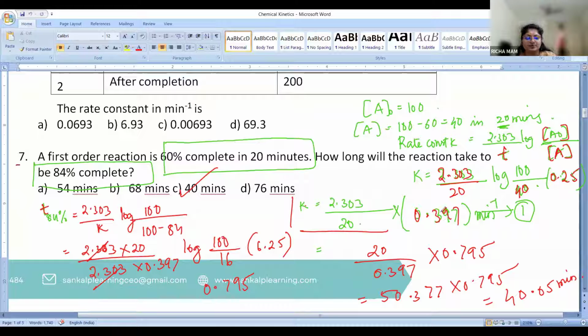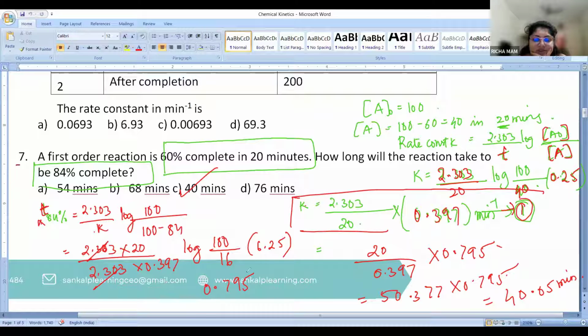So this is 2.303 by 20, and this is what we have got. Now from this we have to find the time taken. We have substituted the rate constant here, and T we have shifted, just vice versa. Put the values 100, 100 minus 84, and the value of K which we got from here.